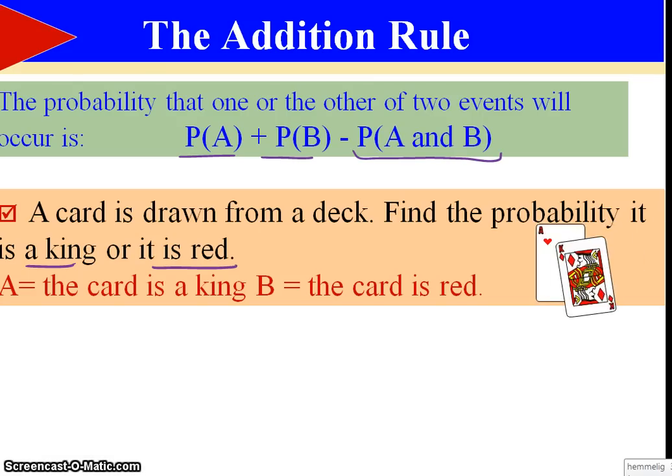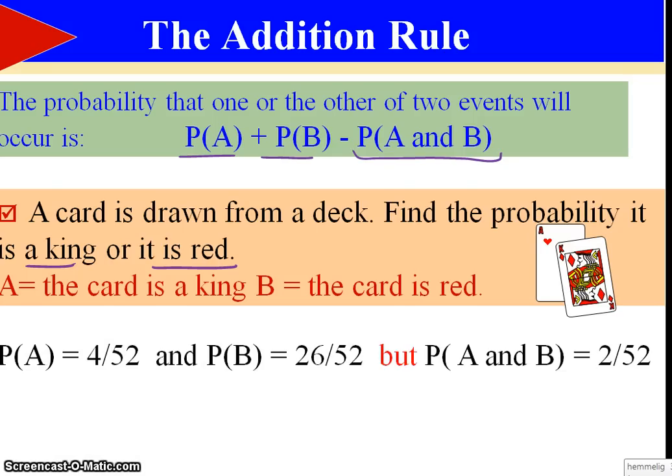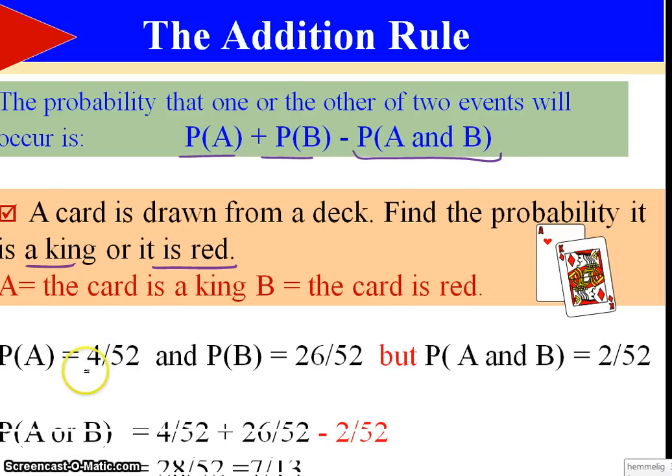So we're going to find the probability that you get a king. That's the probability of A. There are 4 out of 52 cards in the deck that are kings. B, the card is red: 26 cards are red out of the 52. And the probability of A and B: how many red kings are there? There are 2, the king of hearts and the king of diamonds.